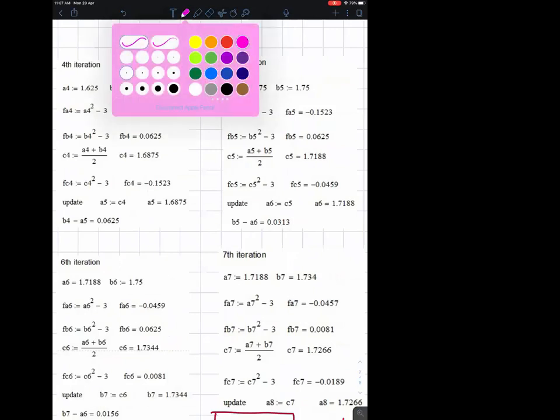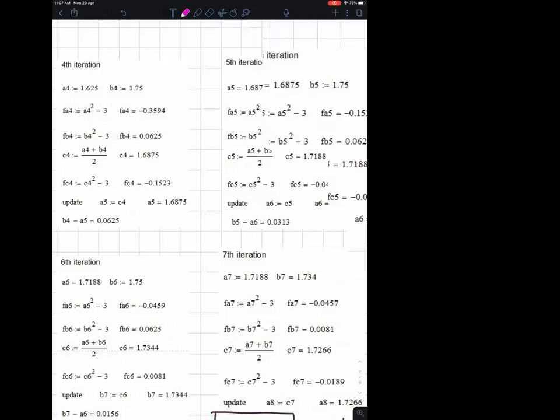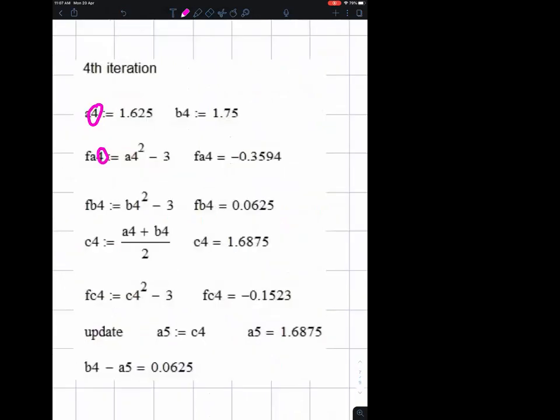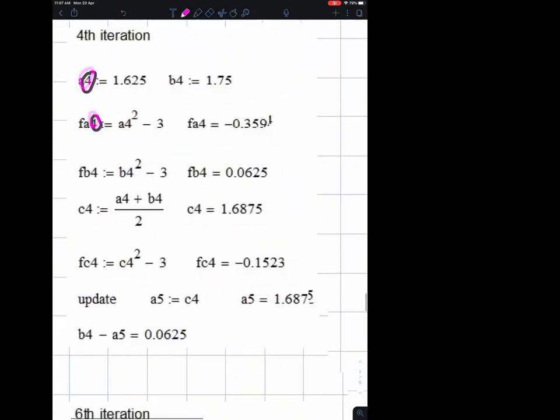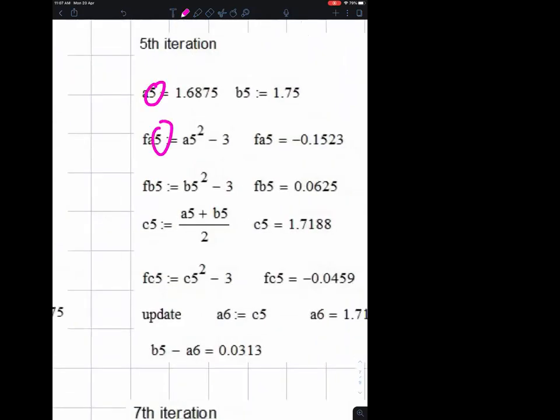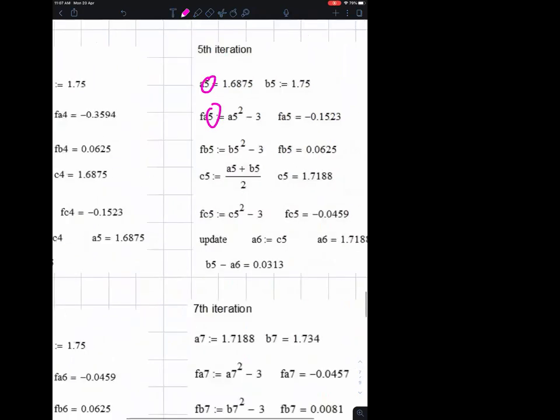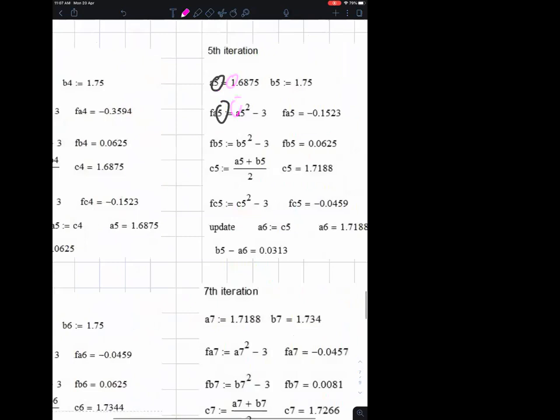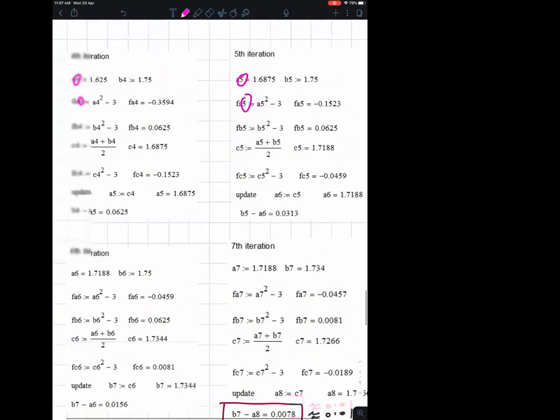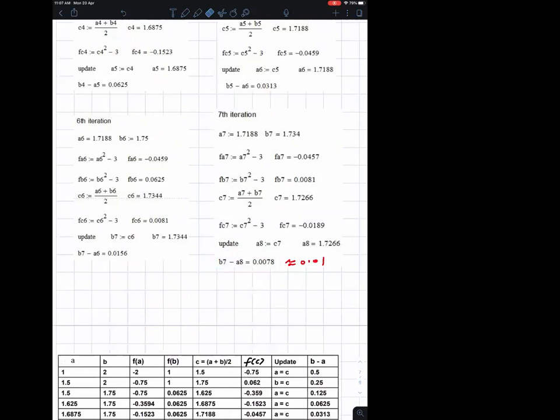For the iteration, I have A4, F of A4, and the calculation equation is the same. Then next I just redefine A5. It'll be much easier and less prone to mistakes and less prone to heart attack.